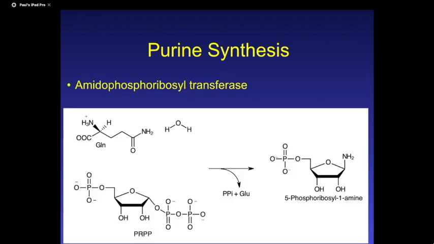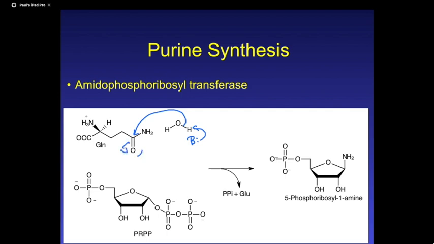All right. We start off with PRPP in the structure, and what we're really going to do is build the base onto the ring structure. To do that, glutamine comes in, and we react with the R chain. The base will deprotonate the water. The hydroxide will attack at the carbonyl.